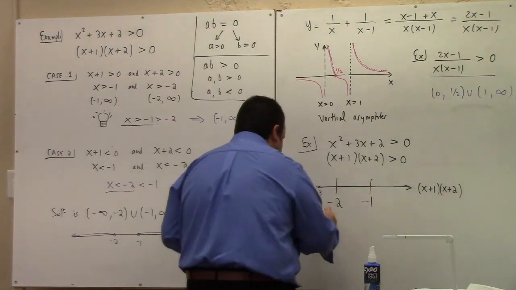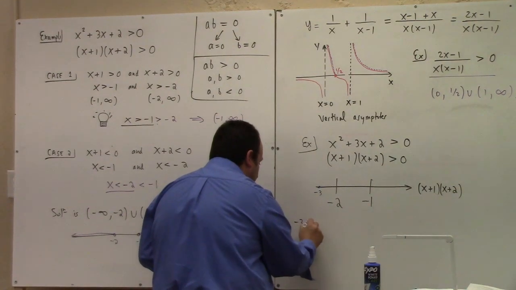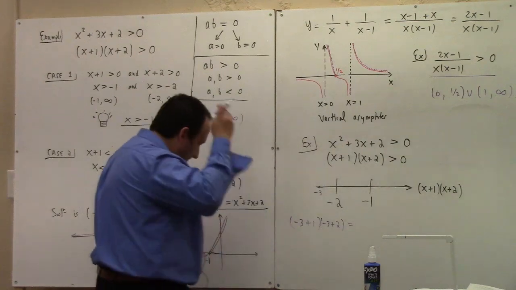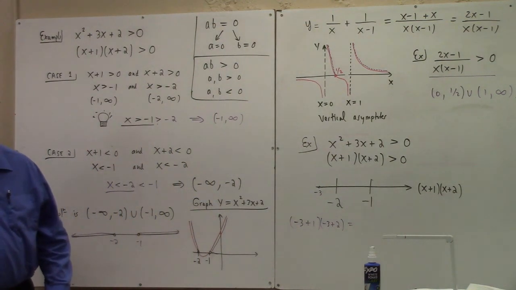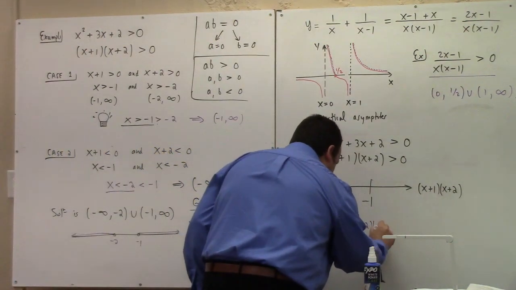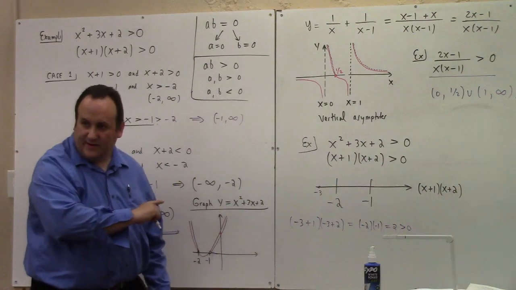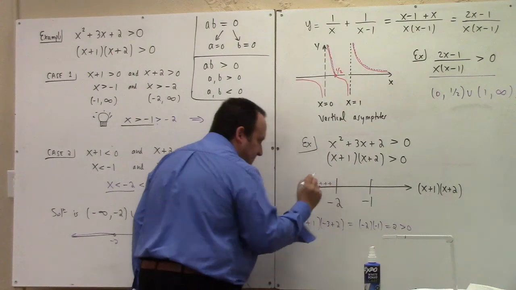So I'll do the work down here, like -3 plus 1 times -3 plus 2 is what? -2 times -1, right? Which is 2, which is positive, right?